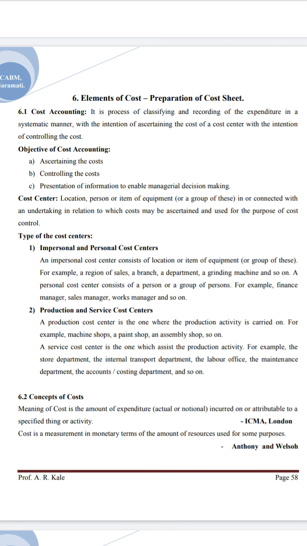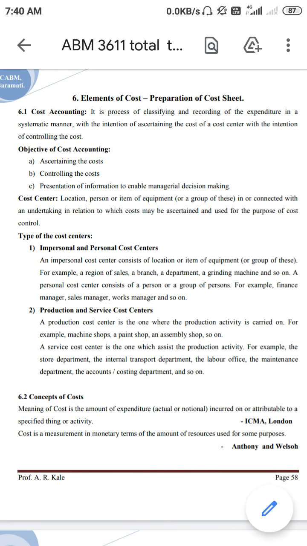The example of a cost center is, if we take a production unit, in that we can select a particular cost center. If we select an office, then particular people working in the office should be selected. Okay, that should be taken into consideration.